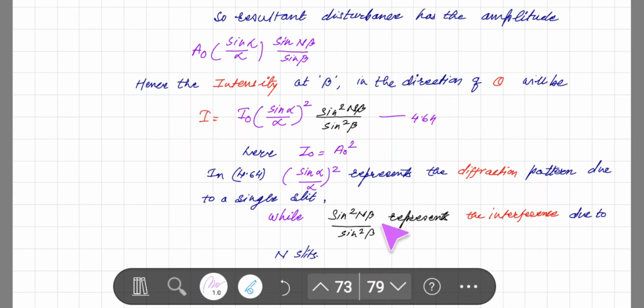So as theta changes, these terms vary rapidly as compared to the diffraction term, and hence maxima and minima can be obtained. And by considering the maxima and minima of this term, now we are going to see principal maxima.